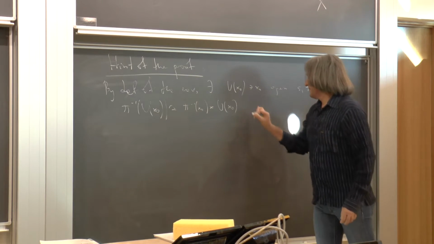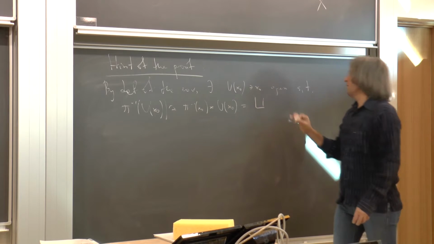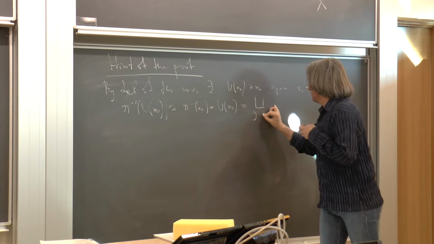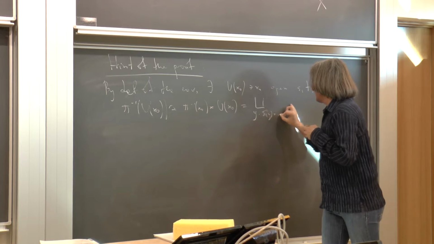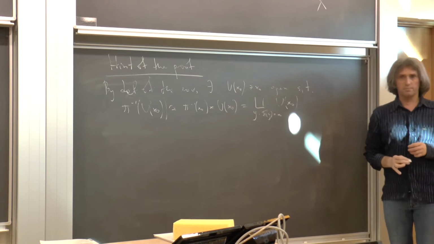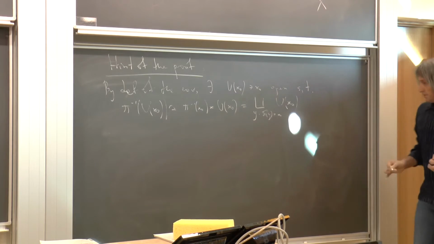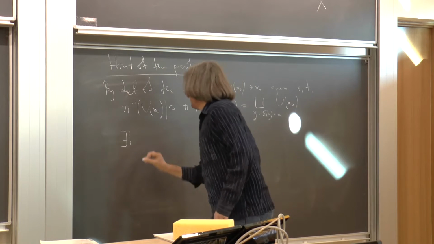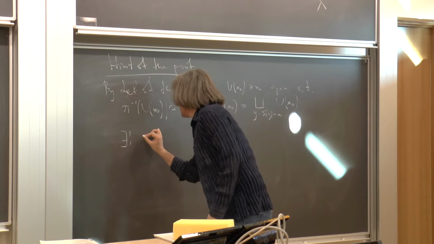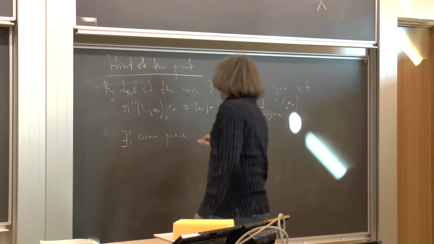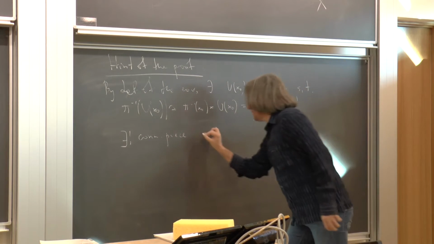So it's a disjoint union over y with phi of y equals x naught of the same neighborhood U of x naught. So there exists a unique neighborhood of them, connected, containing y naught.